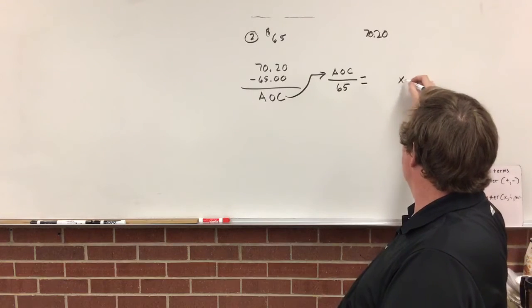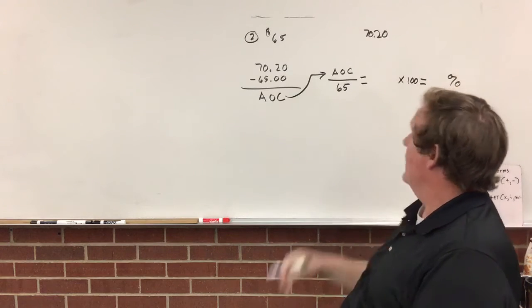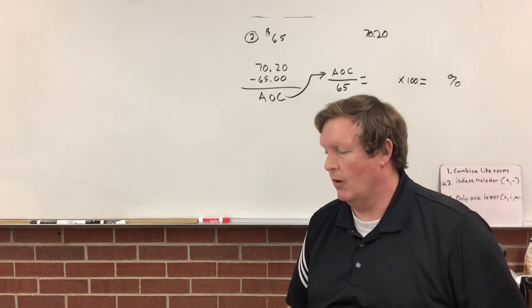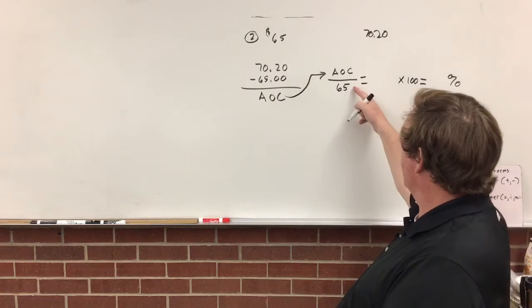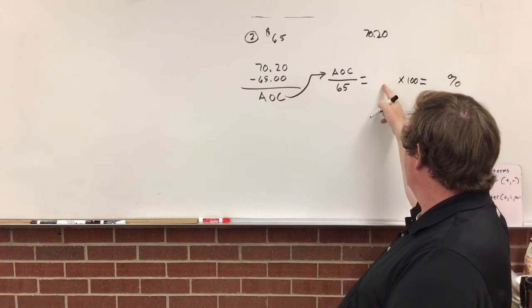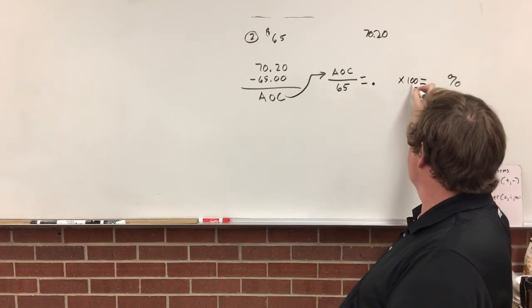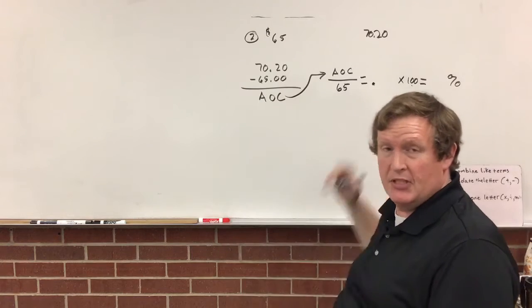Whatever that answer is, you multiply that times 100, and then that will give you your percent. Okay? So this answer will give you something in a decimal. And then you will multiply it times 100 or move the decimal to the right twice to get your percent.